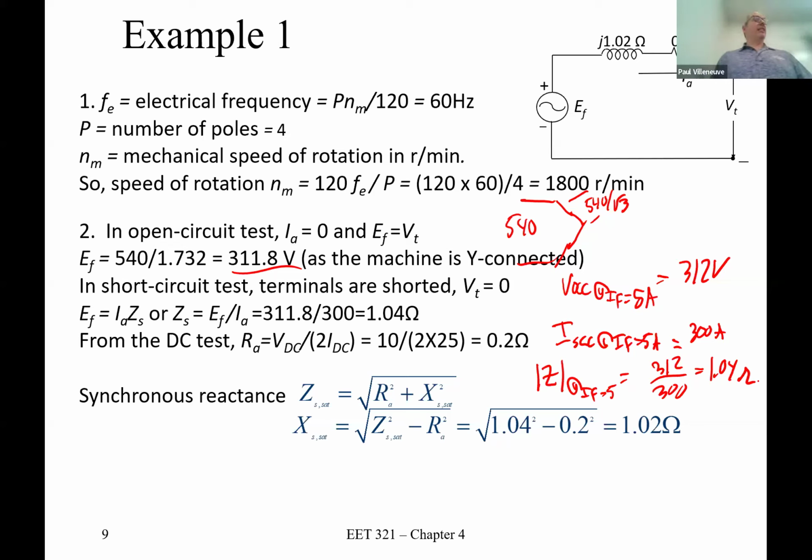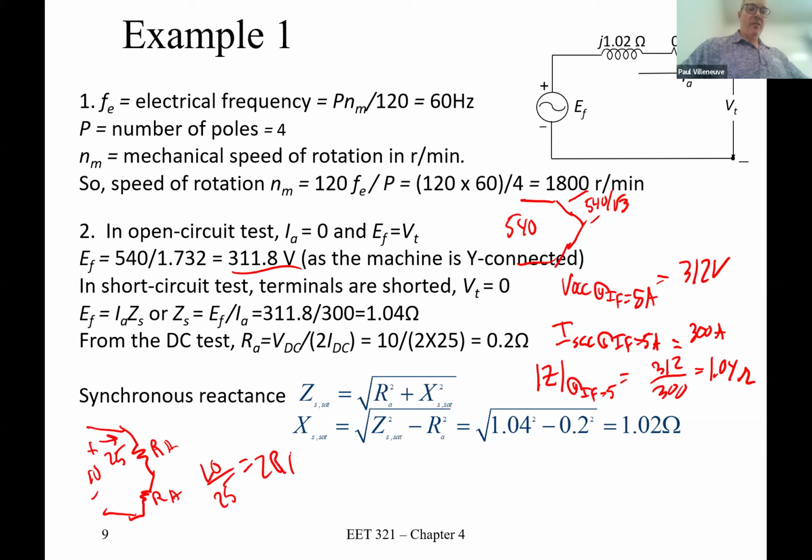Now I've got to tease out the value of RA, and I can get that from the DC test. So here's my DC test, Y connected. I've got 10 volts DC, and my current is 25. This is RA, and this is RA. So 10 over 25 is equal to 2 RA.